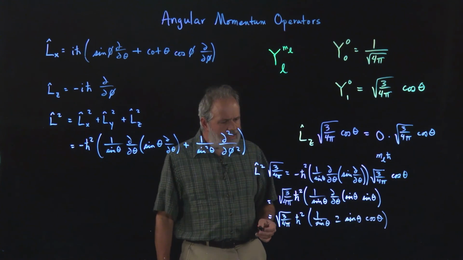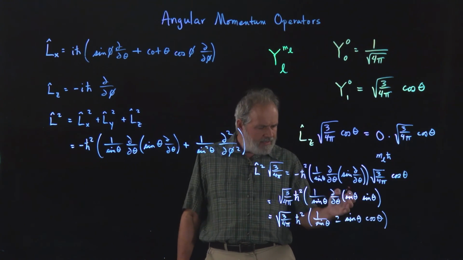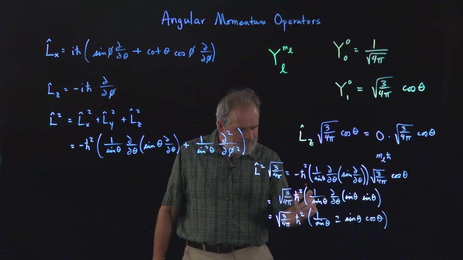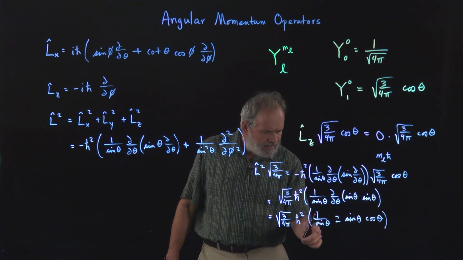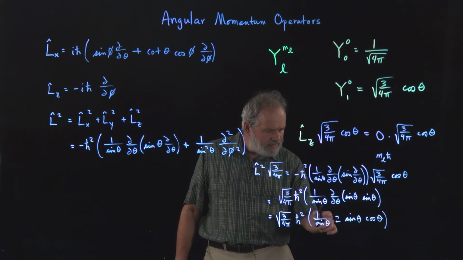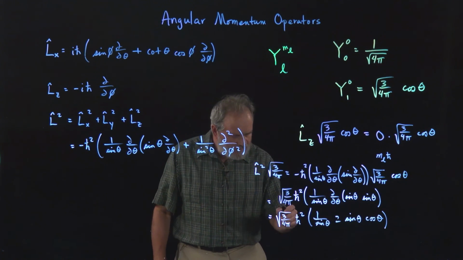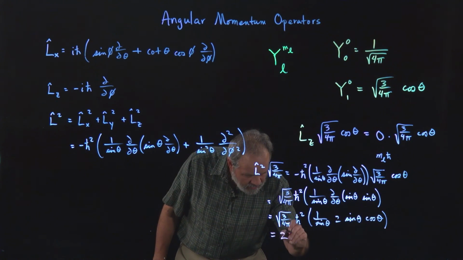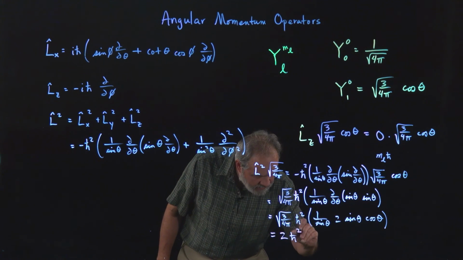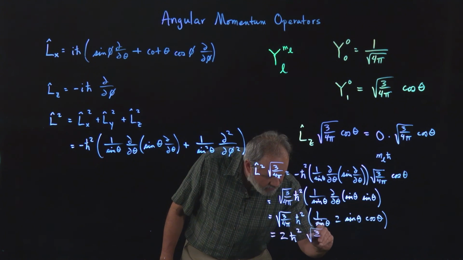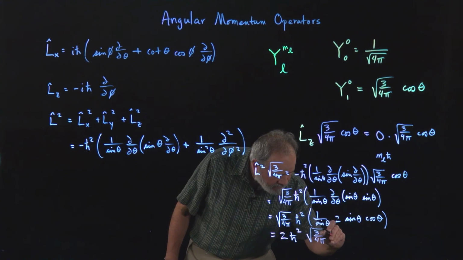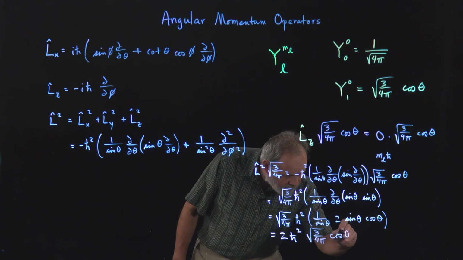All right, now finally I do this last operator, which says divide by sine theta. So sine theta cancels out, and I get 2 cosine theta. So equals 2 h bar squared, square root of 3 over 4 pi cosine theta.